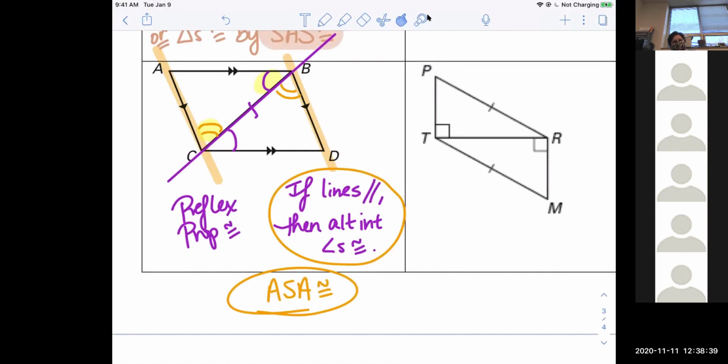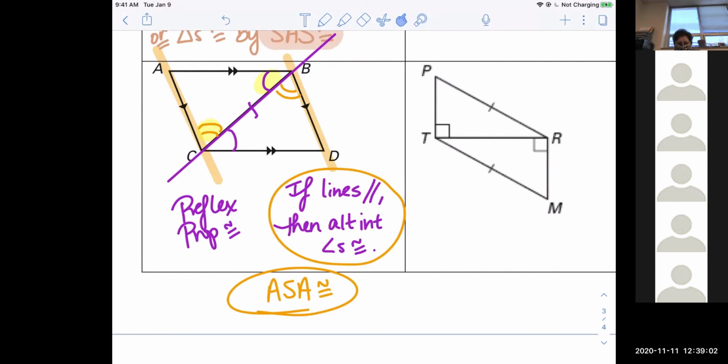Kendall, what can we mark that's not currently marked on that diagram for the next one? You can say the TR is another side, so that makes them reflexive.